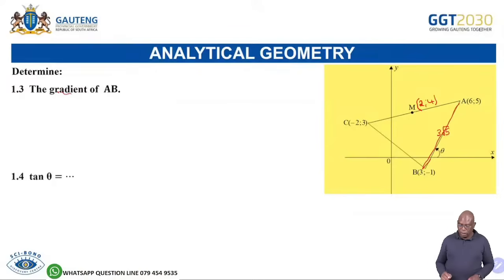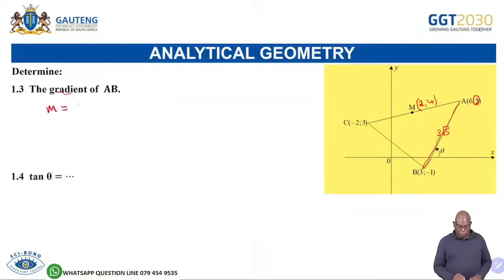So how do I get the gradient? The gradient, remember, and we still have learners who are writing the wrong formula for the gradient, like x2 minus x1 over, that is not correct. Remember, the gradient is changing y over the changing x. So I'm starting with the y value.